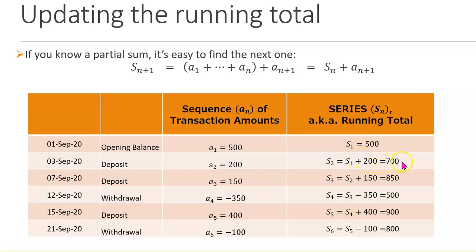So it's $700. On September 7, you make a new deposit of $150. So you take your previous balance $700 and add $150. You get $850, and so on. So you see, we don't have to add all your transaction amounts explicitly. We just update the running total.